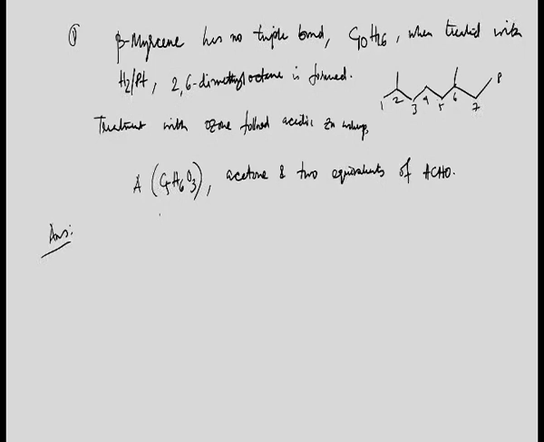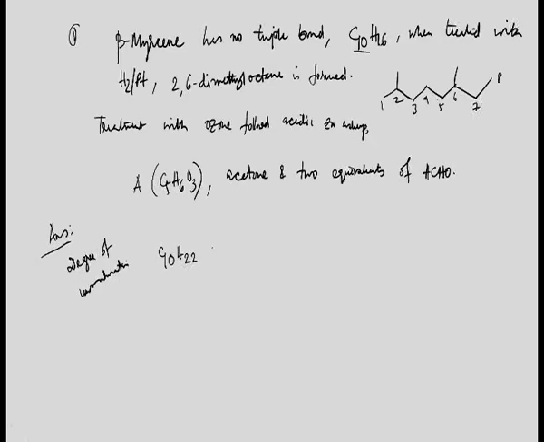If you see this normal 10 carbon chain, this will be C10H22, minus C10H16, 6 hydrogens.